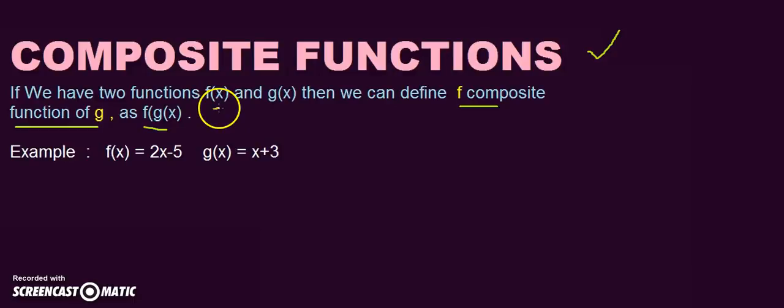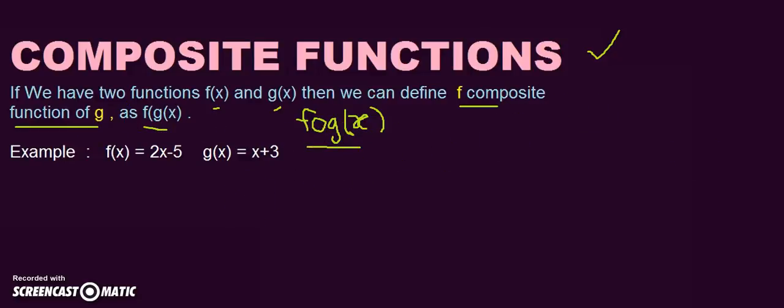If we have two functions, f of x and g of x, then we can define a function called f composite function of g, and we call this fog of x. We pronounce this as fog, f of g of x, which is also pronounced as fog of x. Okay, now this is nothing but f composite function of g.